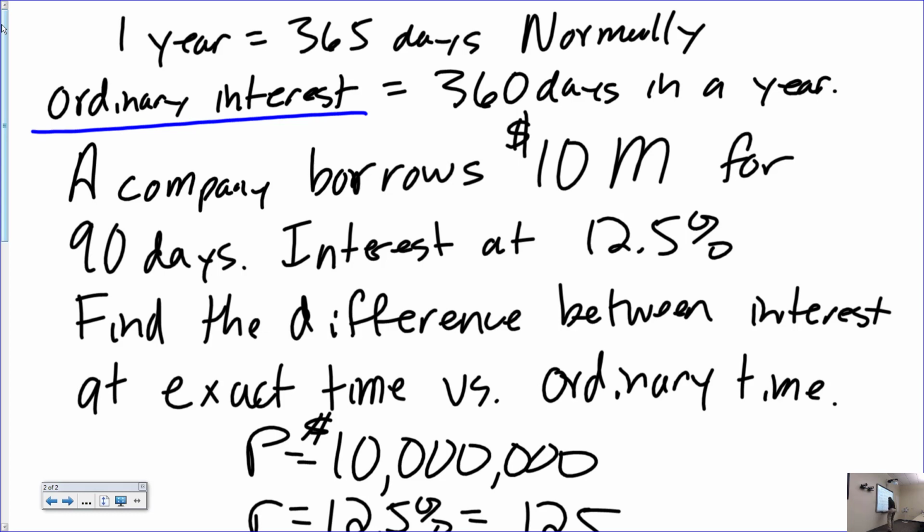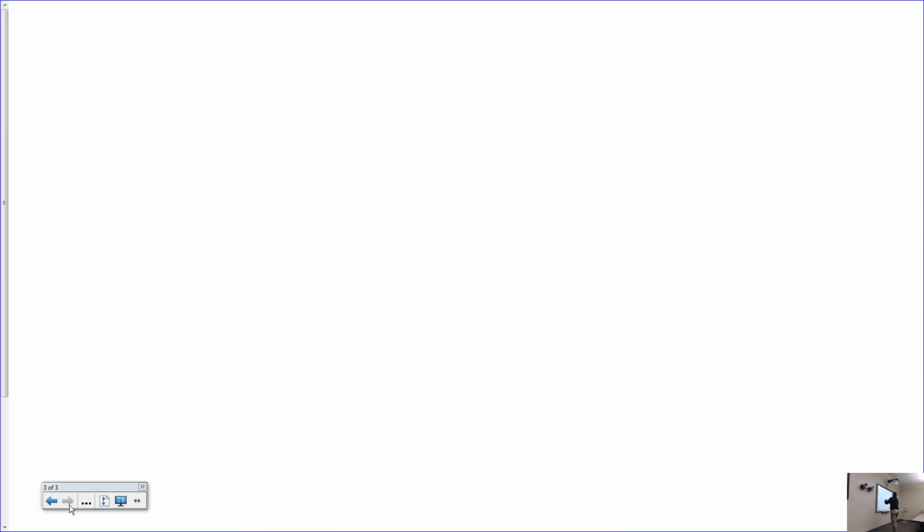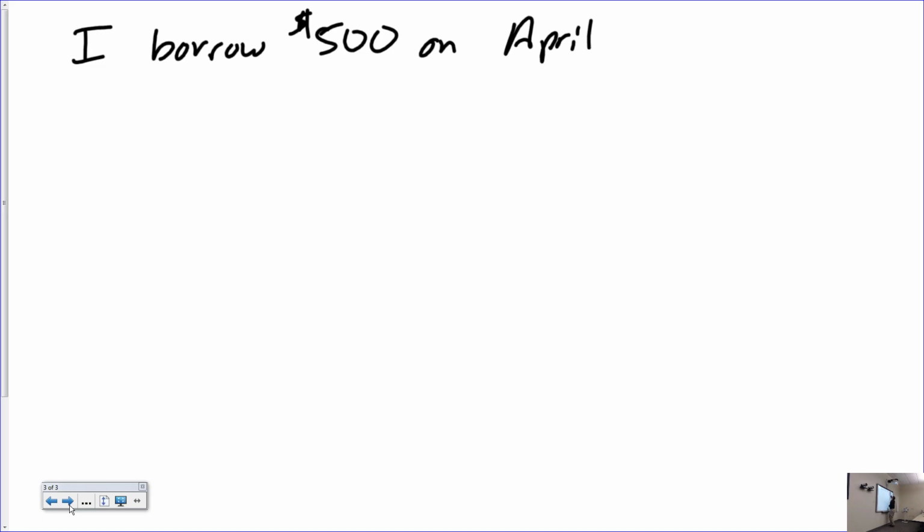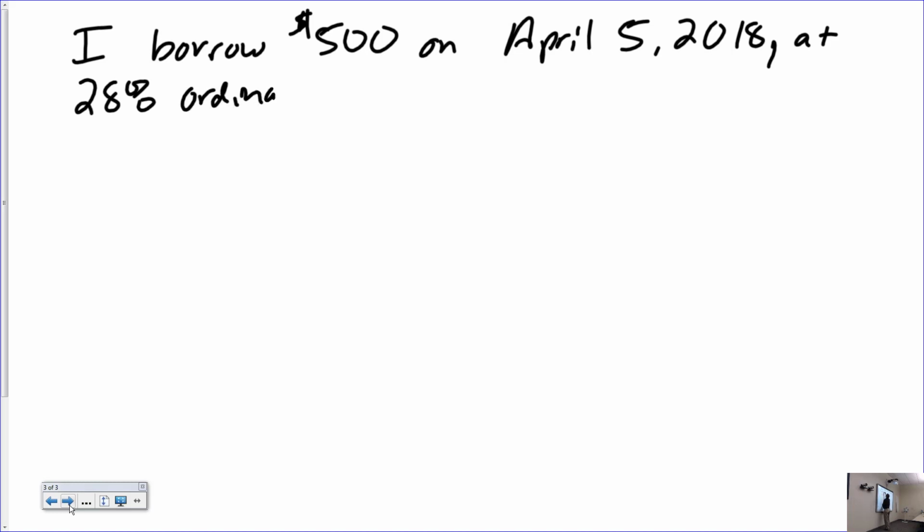All right. So how about one like this, though? Let's suppose I borrow $500 on April 5th of this year at, let's suppose, 28% ordinary interest. Ooh.